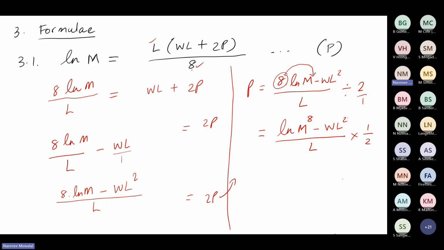It becomes 1/2. And so that becomes now ln of M to the power 8 minus WL squared over, and 2 times L gives you 2L.